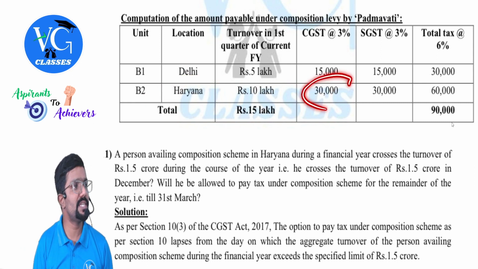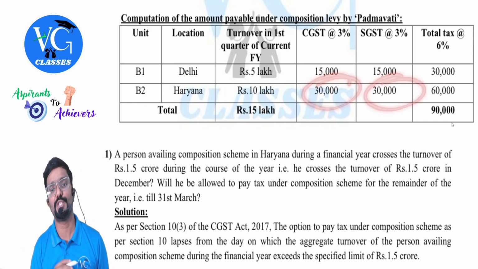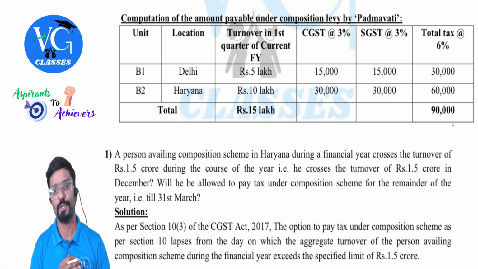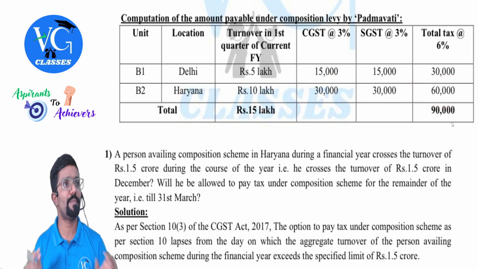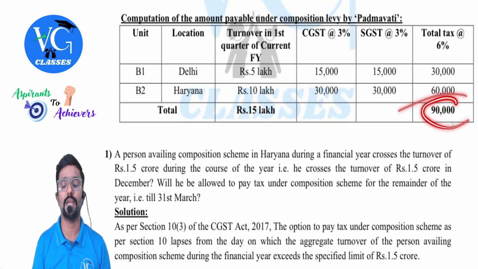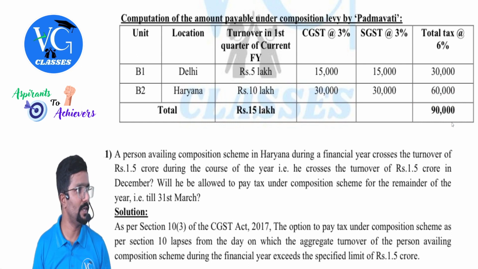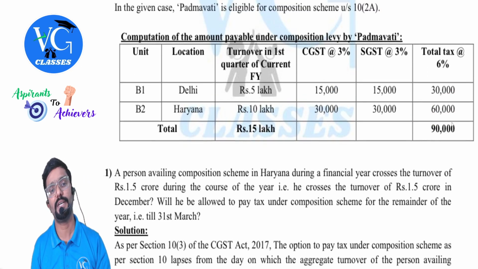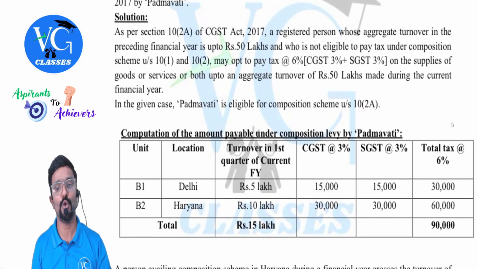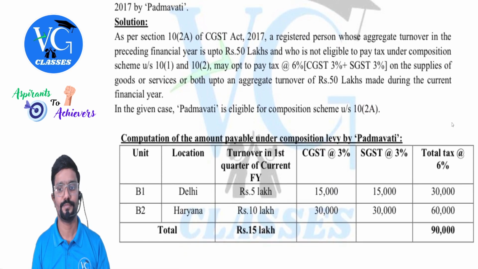On that, what is the CGST? 3%. 3% SGST, 30,000 each. So the total comes to 60,000. Totally, she has to pay a GST of 90,000 under section 10(2)(a), guys. Yes, take down. This was a question on 10(2)(a).